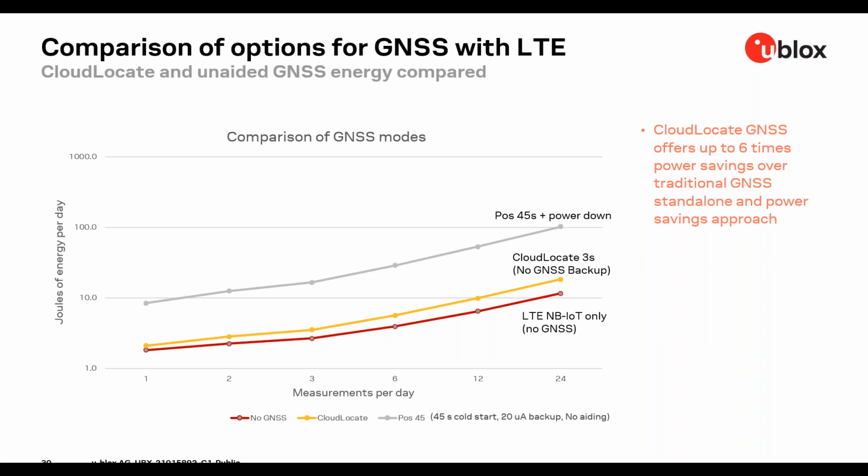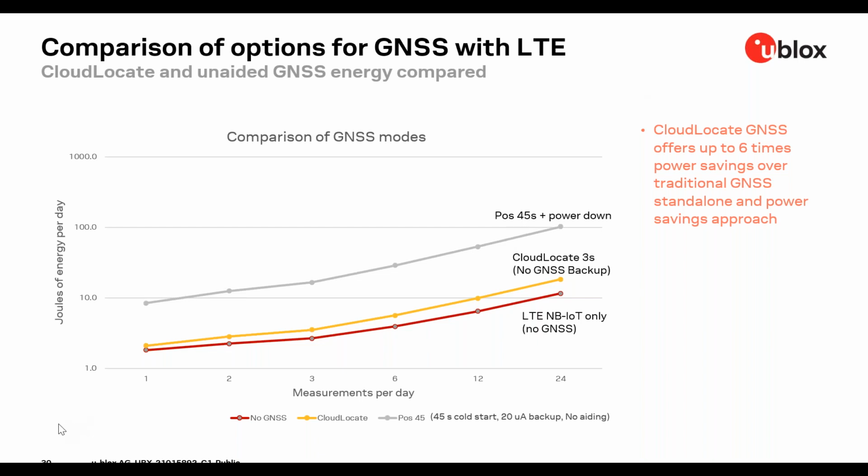You see that for the yellow line, there is 3 seconds as parameter. This is the time for the measure. So we keep the receiver switched on for 3 seconds. Let's see why in the next slide.